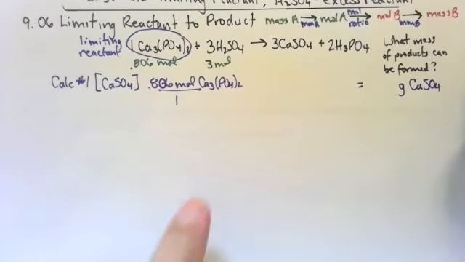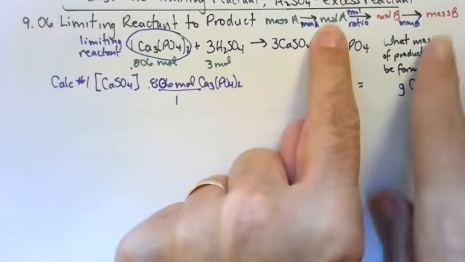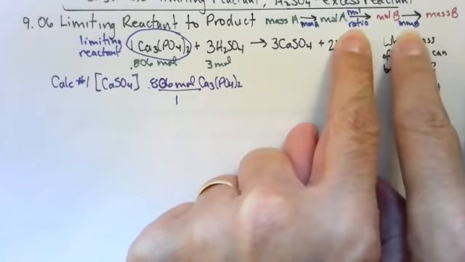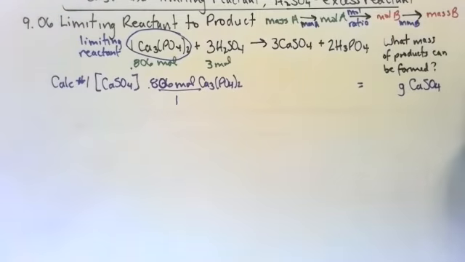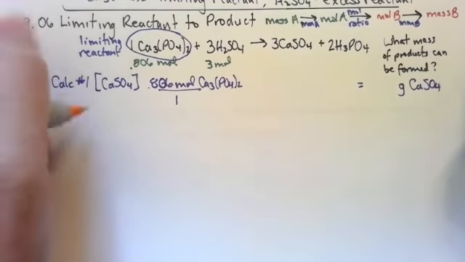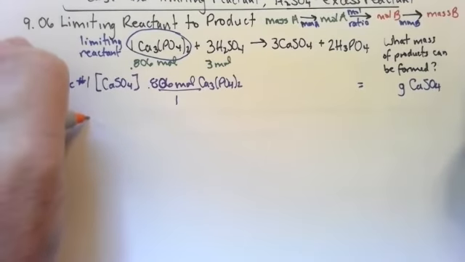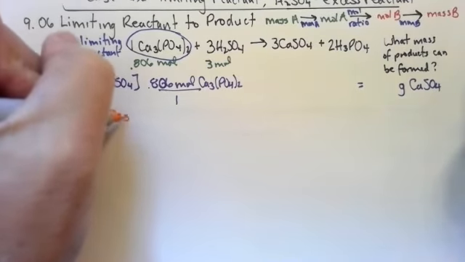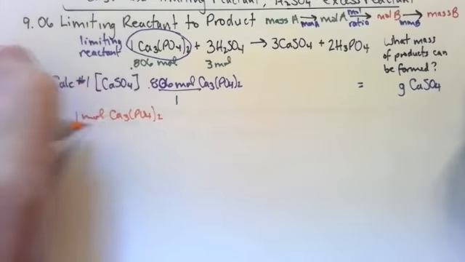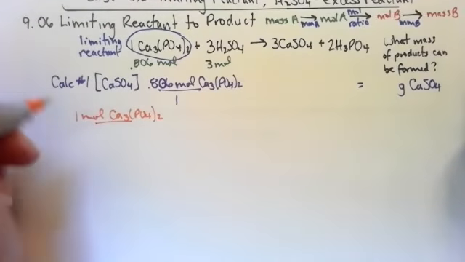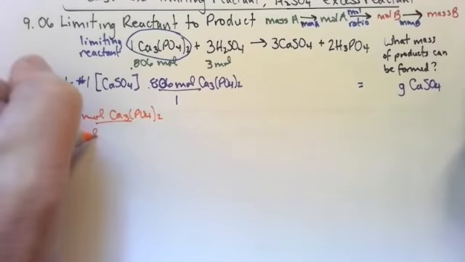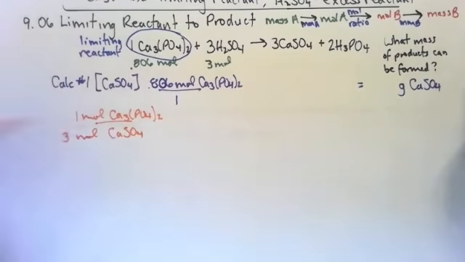I look at my conversion diagram. I'm starting at moles. I'm going to mass. So I'm going to want the mole ratio. I'm going to want the molar mass of calcium sulfate. My mole ratio is 1 mole Ca3(PO4)2 to 3 moles CaSO4.